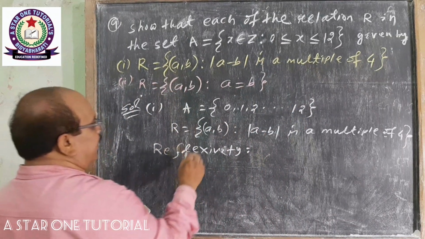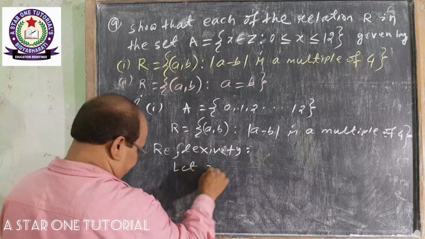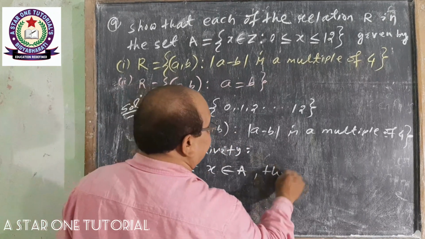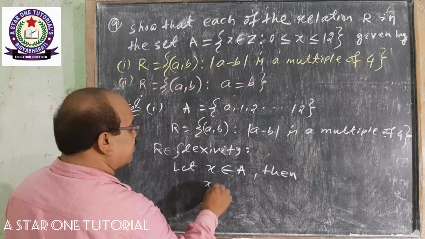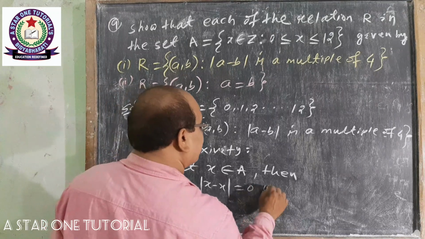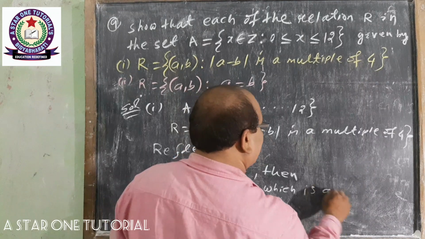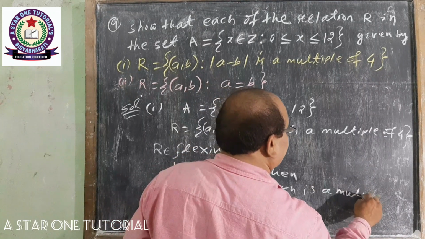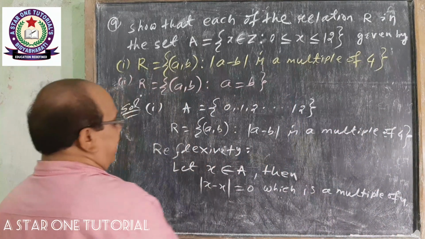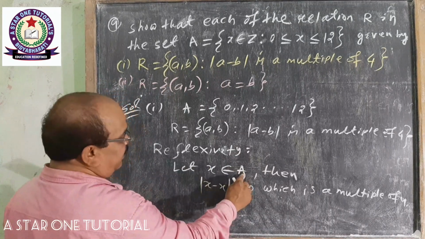For that, we have to take any arbitrary element x from the set A. So write down, let x belong to the set A. Then modulus of x minus x is equal to 0, and this 0 is a multiple of 4.